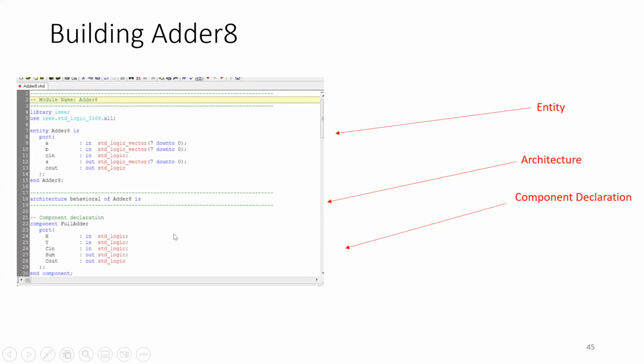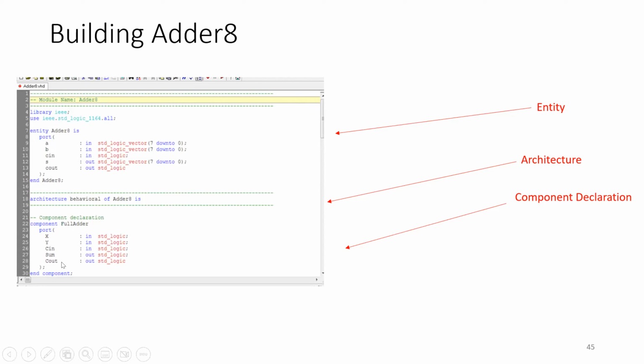How to implement this component within my adder 8? When I start my architecture, the first thing to do is port. I am opening a channel between my adder 8 and my full adder.